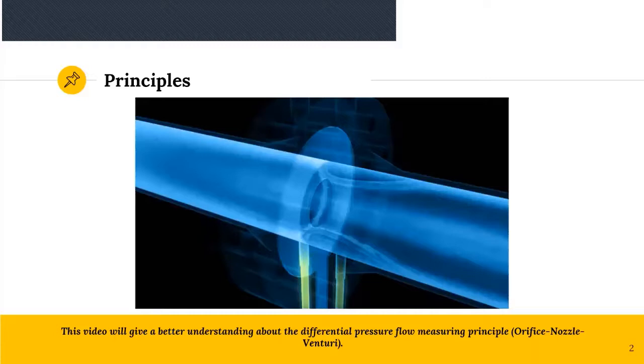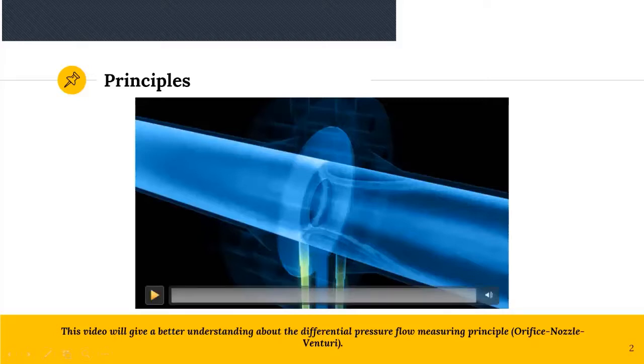These 3, orifice, nozzle, and Venturi meter, are 3 types of flow measurement that are similar to each other. You will get a better understanding by watching this video.